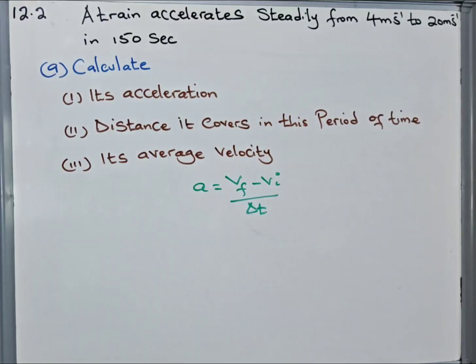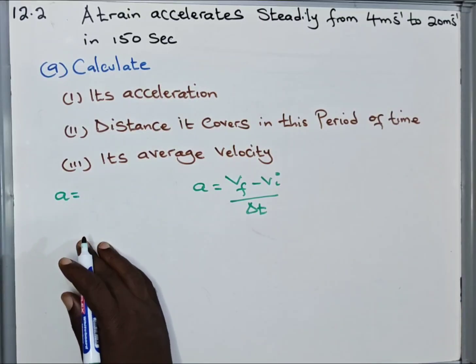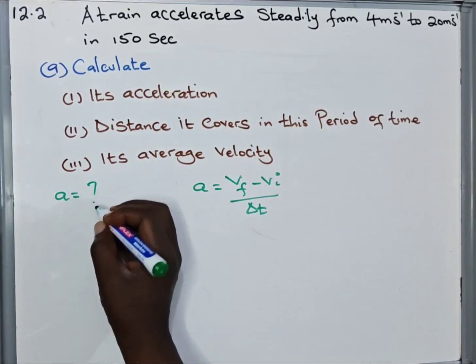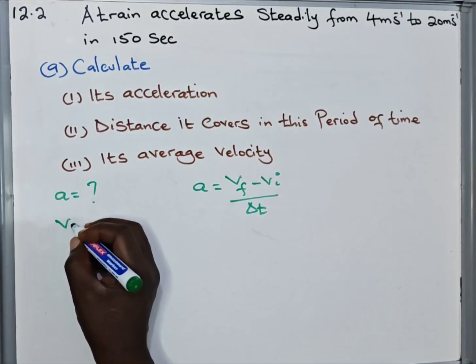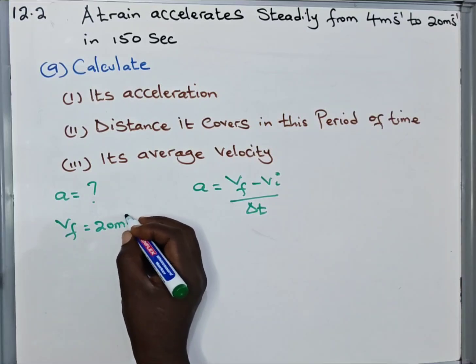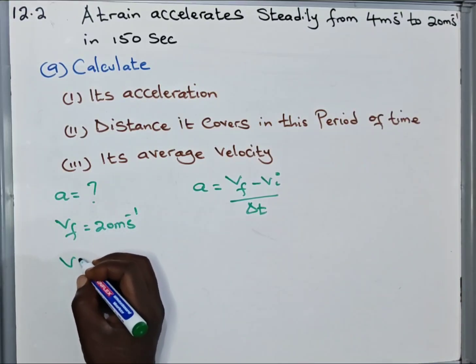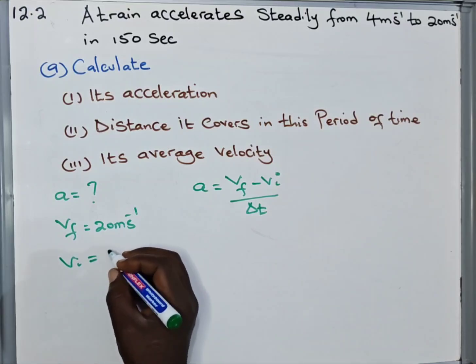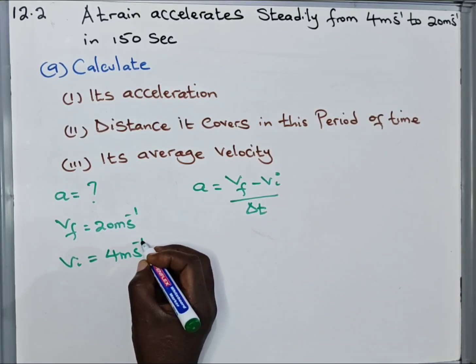So when you check for this, what do we have? You have A, which we don't know, is what we are calculating. We have the final velocity, which is 20 meters per second. And you have the initial velocity, which is 4 meters per second.